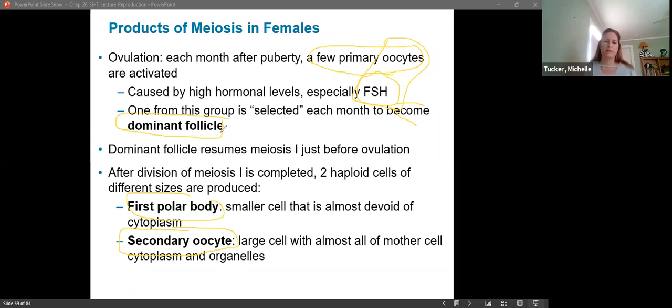The dominant follicle will still survive. It resumes meiosis 1 to become a secondary oocyte. So out of all the 20 that start as primary, only one is going to continue to be a secondary oocyte. And in the process, we also release or discard a first polar body.